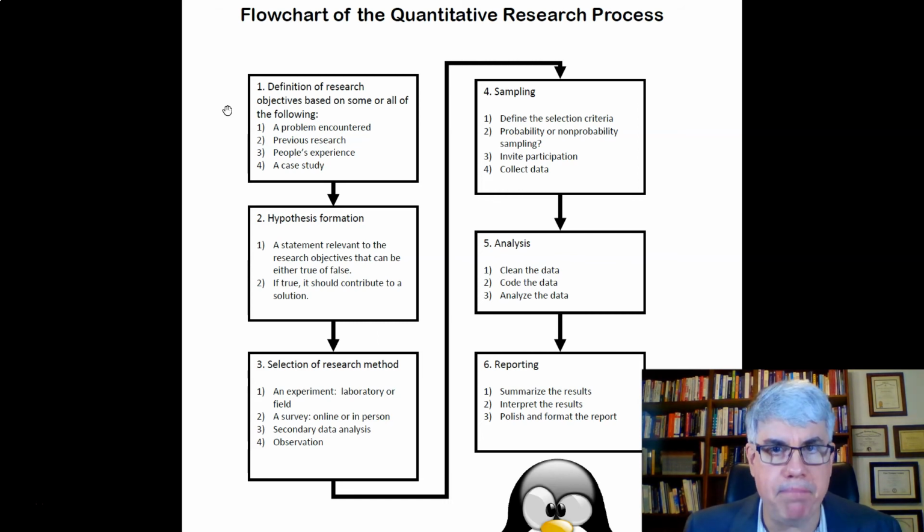And once we have that hypothesis, we go on to step 3, the selection of a research method. It could be an experiment where you randomly assign people to 2 different categories and see what they do. And the only difference between the groups is that independent variable, the condition, and we see if there's a different set of outcomes.